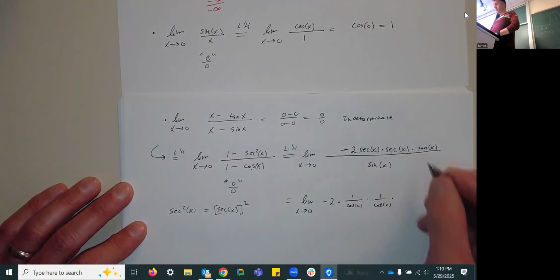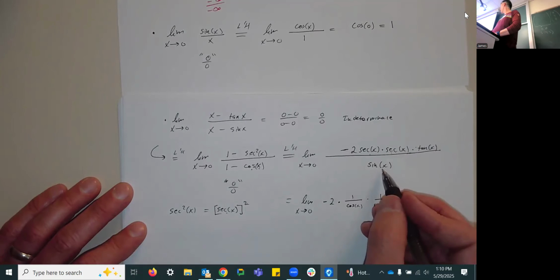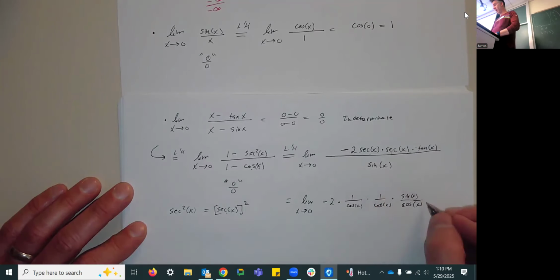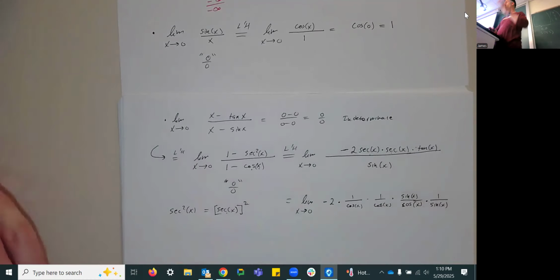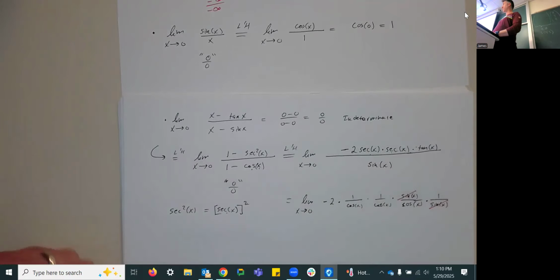And then tangent is sine over cosine. Dividing by something is the same as multiplying by its reciprocal, so dividing the whole thing by sine is like multiplying the whole thing by 1 over sine. And look at that, I can cancel out the part that's a problem. The sine of x divided by sine of x is just going to be 1.